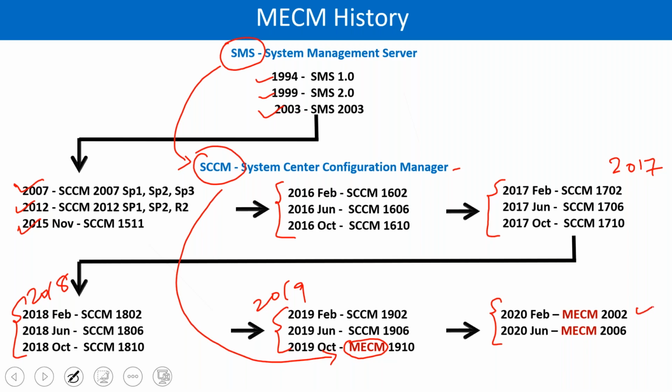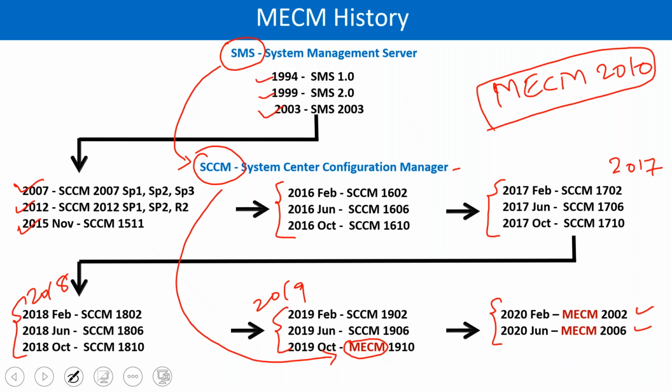So 2002 and 2006. And in the month of October, the latest and greatest version of SCCM is MECM 2010. This is the latest and greatest version of SCCM, Microsoft Endpoint Configuration Manager.